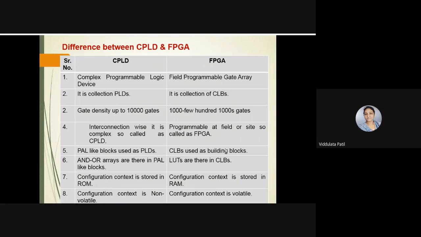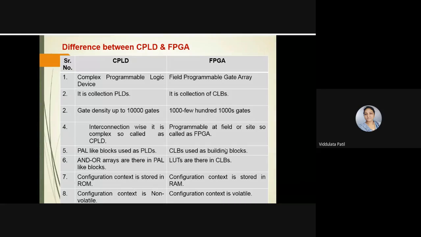So this is the difference between CPLD and FPGA. As we have seen earlier, in an FPGA gate density is more as compared to CPLD. In a CPLD we have programmable logic devices, but in an FPGA we have configurable logic blocks. A configurable logic block uses a lookup table, while a programmable logic device may have a PLA-like or PAL-like structure.